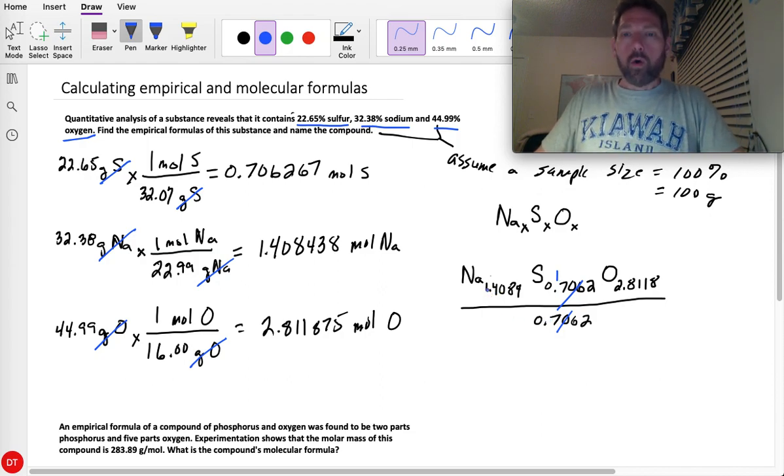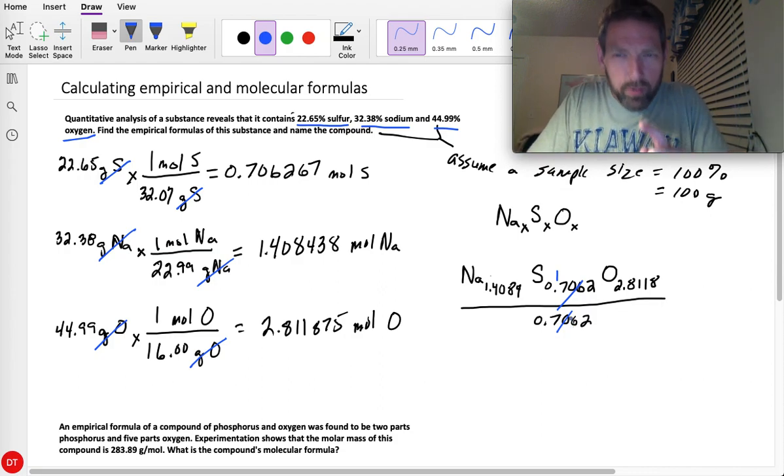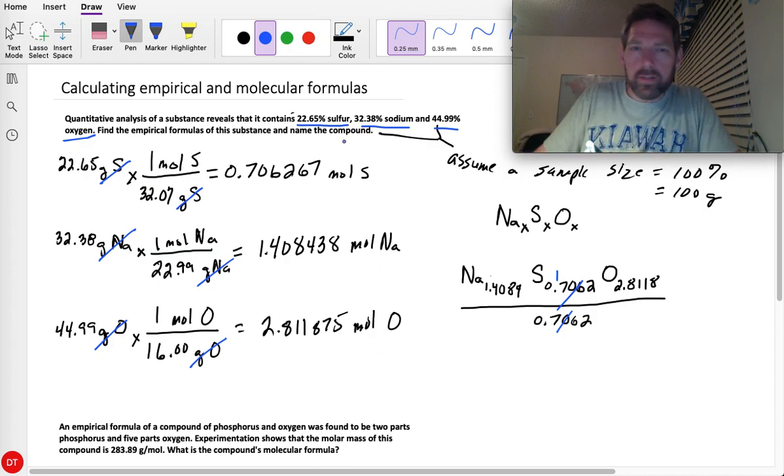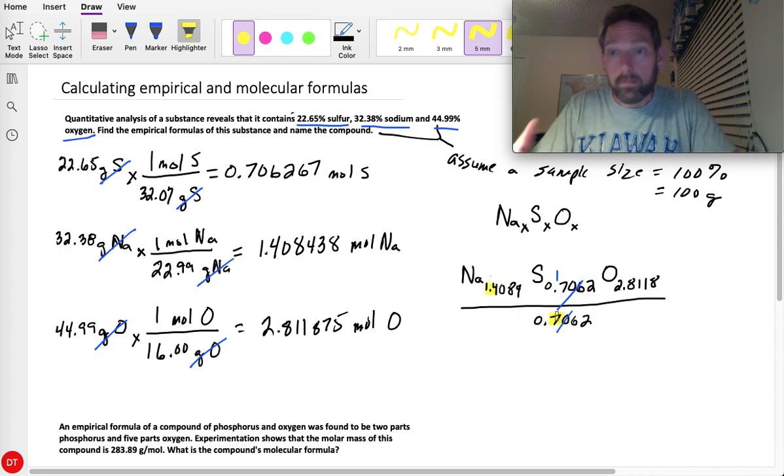Now, 1.4084 divided by this number, I'm going to put it in the calculator for you, but you should be able to see that this is essentially 14 divided by 7. We should get something like 2, right?